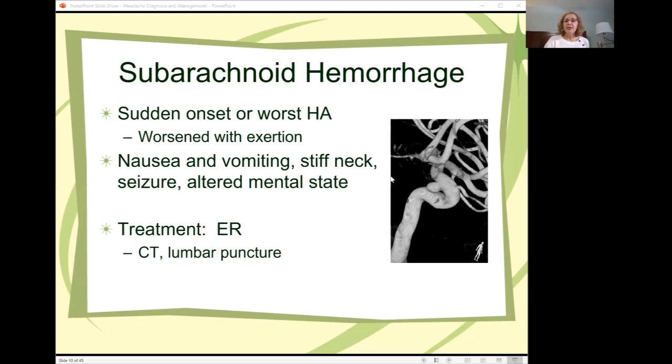This is a patient that we saw with an aneurysm, and she was experiencing headaches. She was in her 30s and referred to us the same day because she was having the worst headache of her life. And she was a migraine sufferer, so she knew what a bad headache was, but this was much worse.